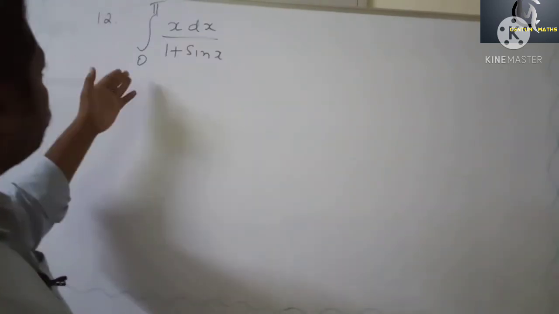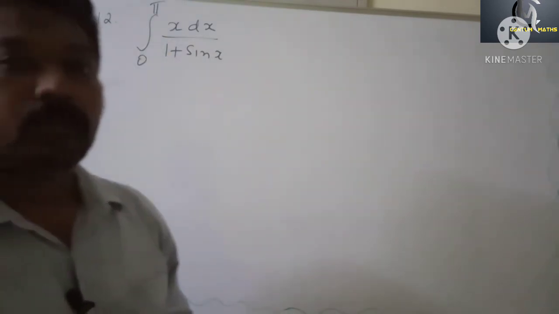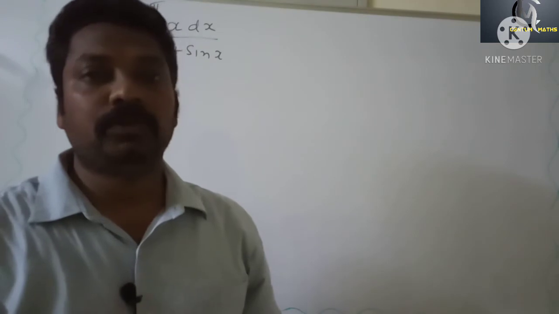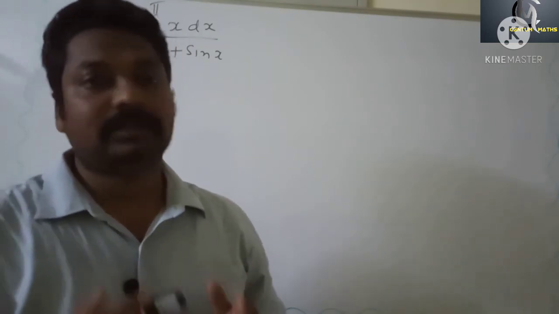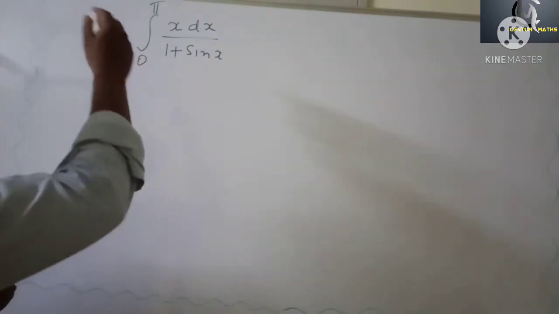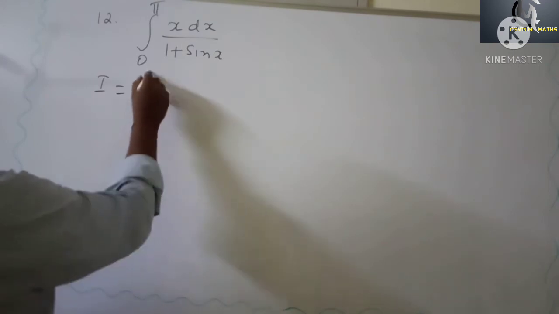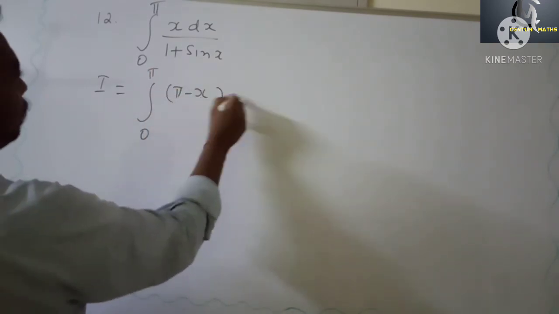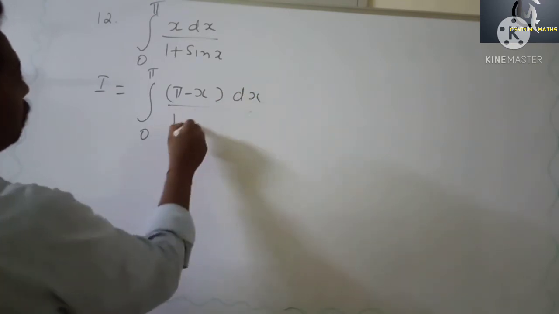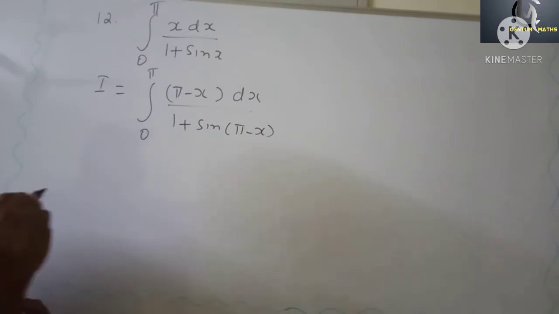12th question, integral 0 to pi of x by 1 plus sin x dx. So again we are going to use the formula integral 0 to a f of x dx equals integral 0 to a f of a minus x dx. Okay, so what is the upper limit? Pi. So I let it as I, and integral 0 to pi of pi minus x dx by 1 plus sin of pi minus x.